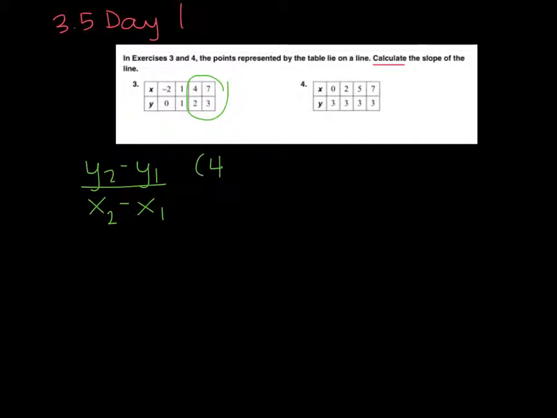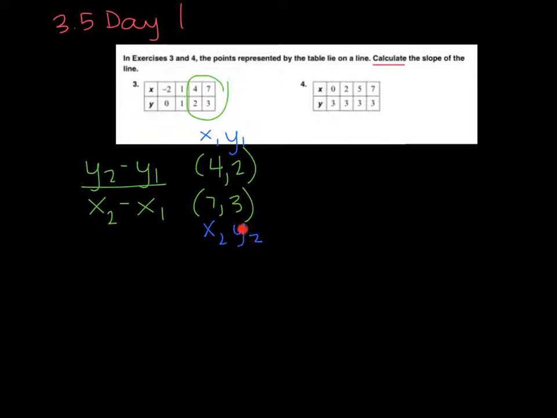I really encourage you to make sure that you label your points. I'm going to label this one as x1, y1, and this one as x2, y2. I'm labeling my points because I have a formula that I'm going to substitute these numbers into.